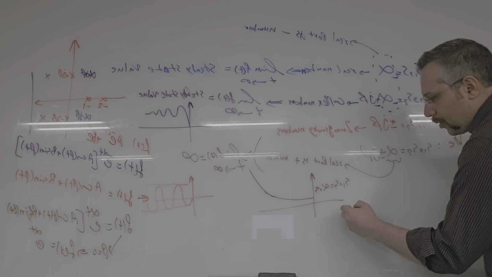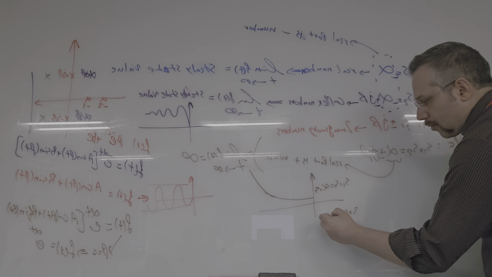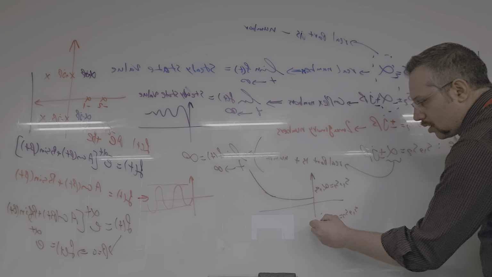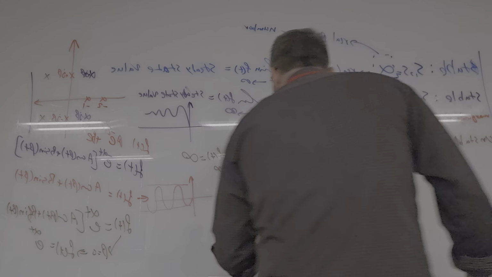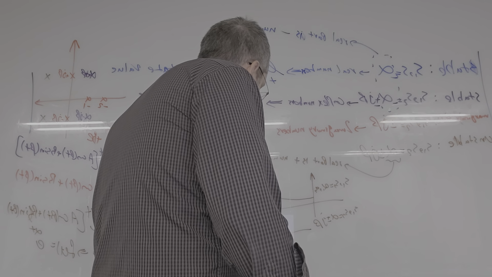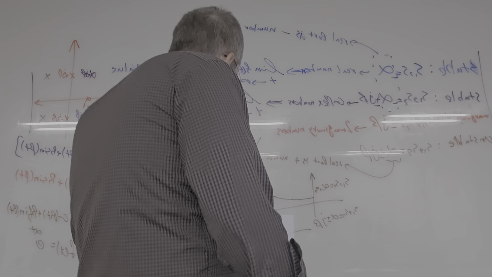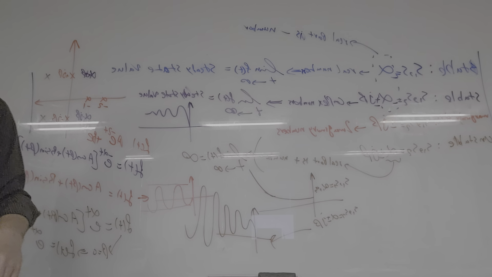And if you have a complex number, so S1 and S2 become a positive number plus or minus j beta, simply you are going to have an oscillation, but as time goes by, that oscillation increases.